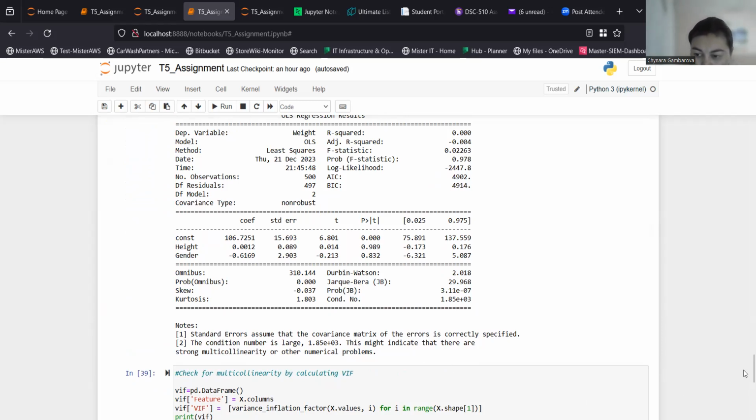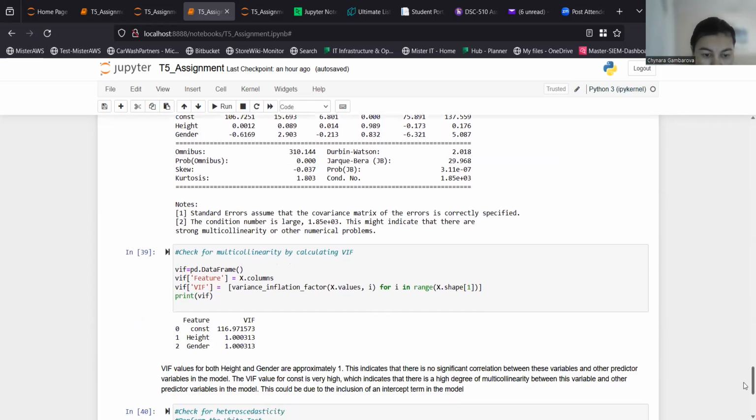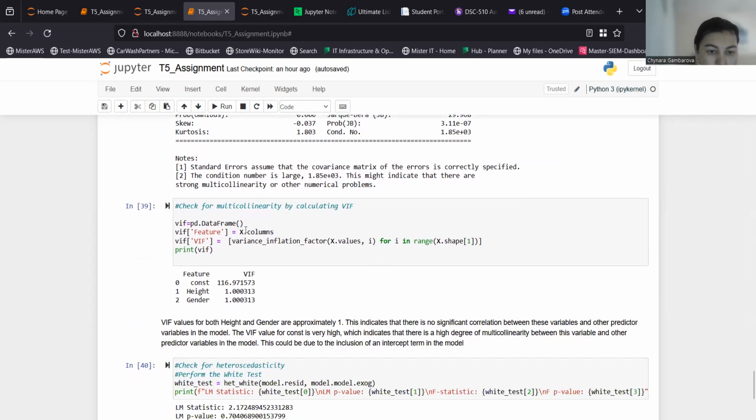Here we are checking for multicollinearity, and as you can see, the VIF values for both height and gender are approximately 1. This indicates that there is no significant correlation between these variables and other predictor variables in the model. And the VIF value for const is very high, which indicates a high degree of multicollinearity between this variable and other predictor variables in the model.